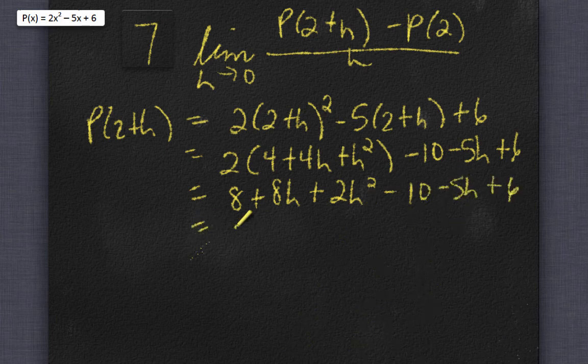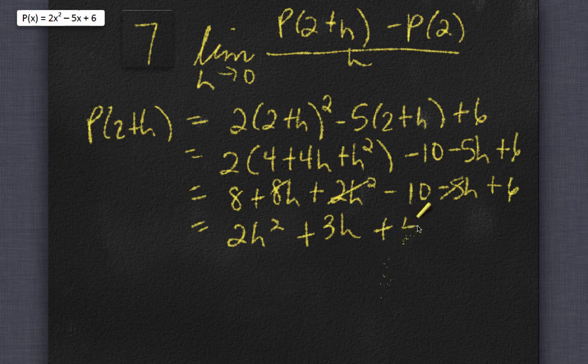Okay, so combining like terms, we have 2h squared, 8h minus 5h, 8 minus 10 is negative 2 plus 6 is 4, and then P of 2.